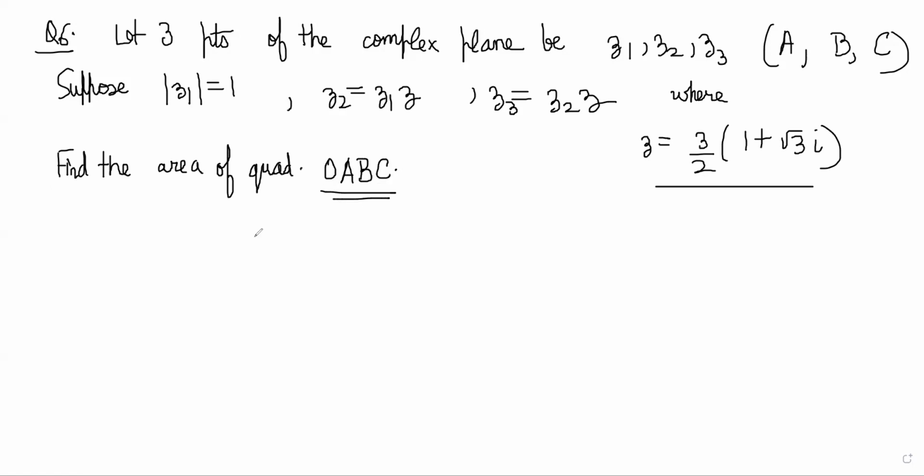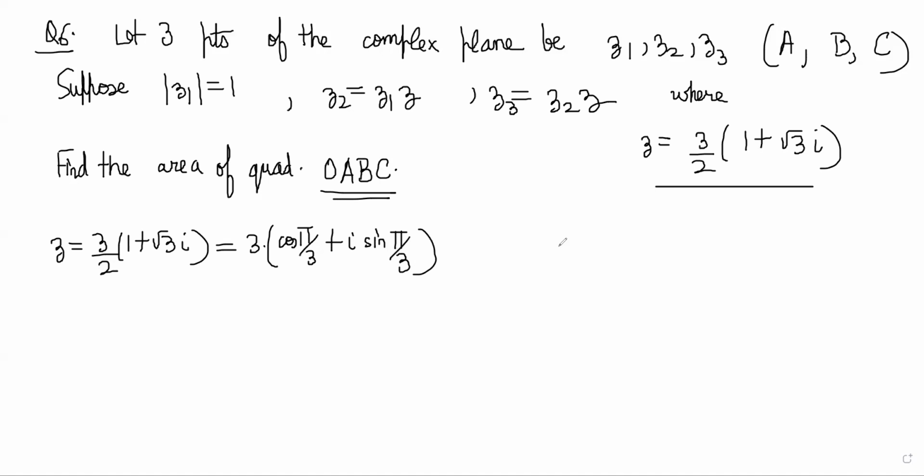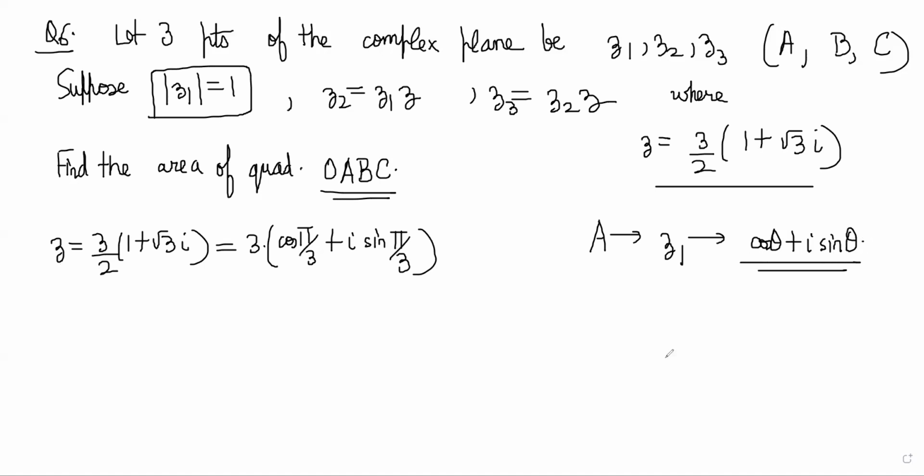OABC. Okay. Now notice that Z is equal to 3 by 2, 1 plus root 3i, and that is 3 times, and take the half inside, it can be written as cos pi by 3 plus i sin pi by 3, right? And let's say point A, which was Z1, since mod of Z1 is 1, Z1 can be written as cos theta plus i sin theta, right?